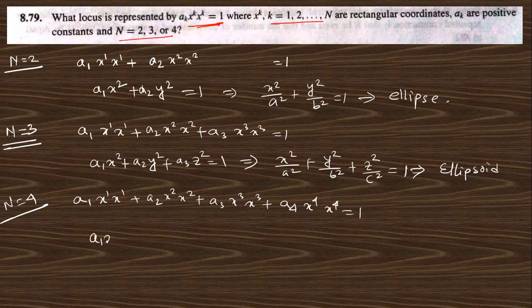So this is a1 x square plus a2 y square plus a3 z square plus a4, which can be written as ct whole square, equals 1. So this is 4 dimensional. This is actually a hyper ellipsoid. Done. Clear? Go to the next one.